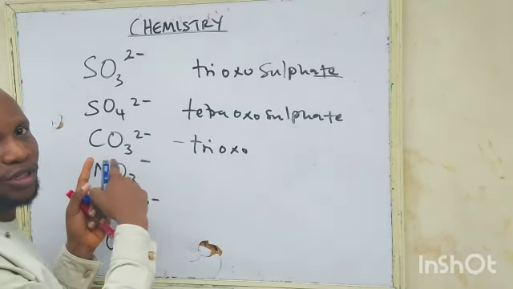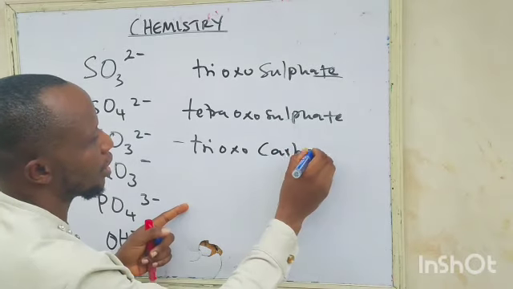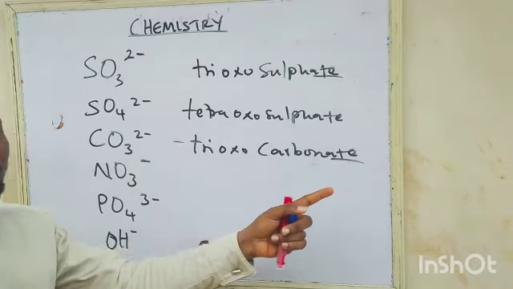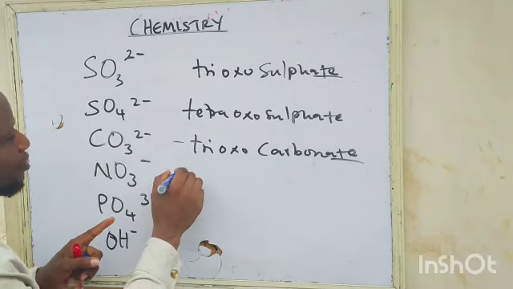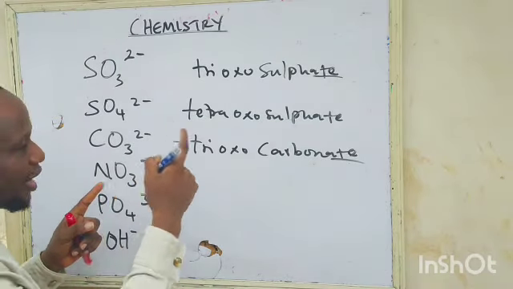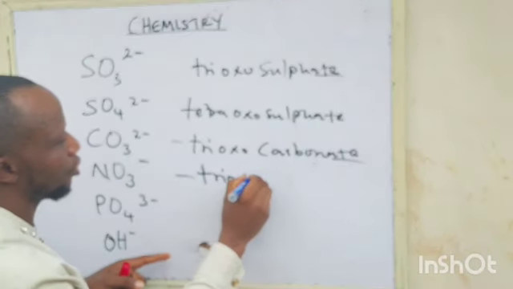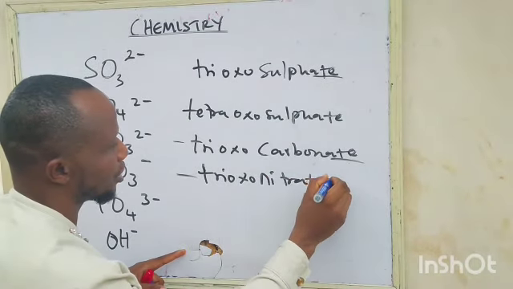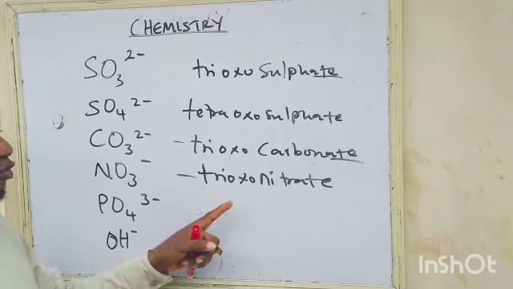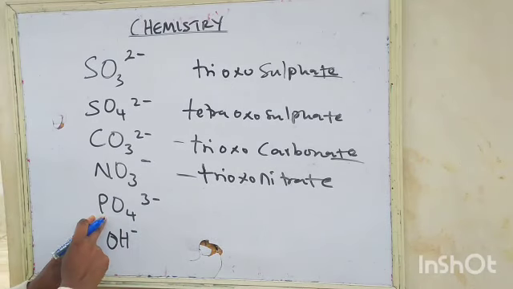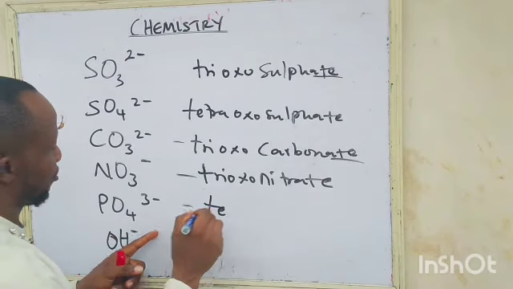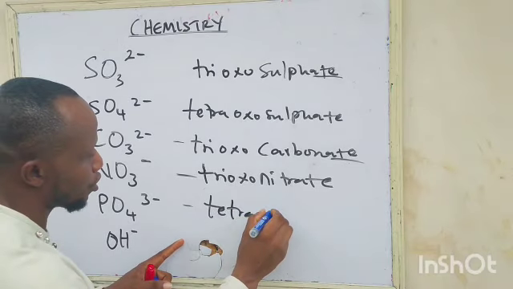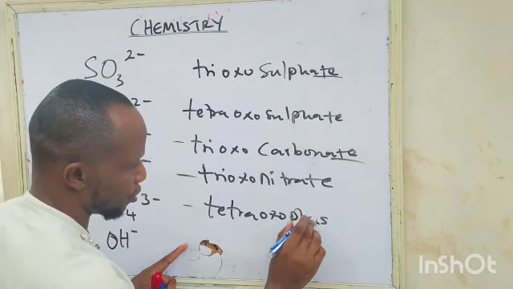There, carbon is involved, carbonate, ATE because it is 3 oxygen involved. Here we have trioxo nitrate, 3 oxygen, nitrogen involved. Then for PO4, this is tetraoxo phosphate, 4 oxygen involved.